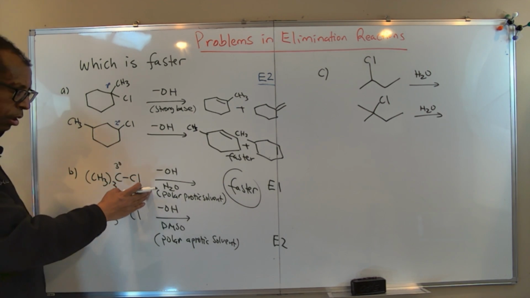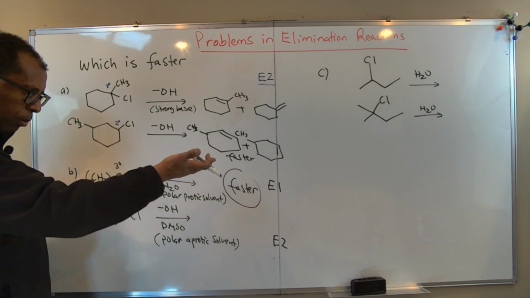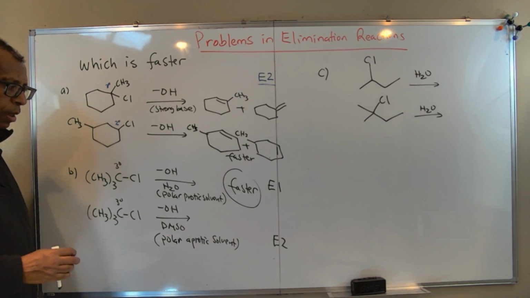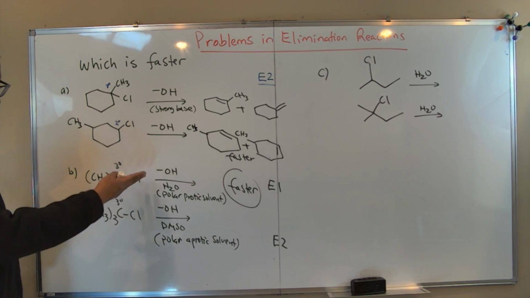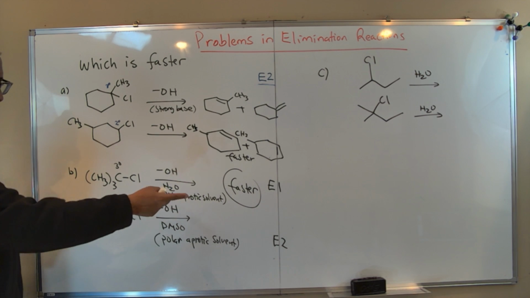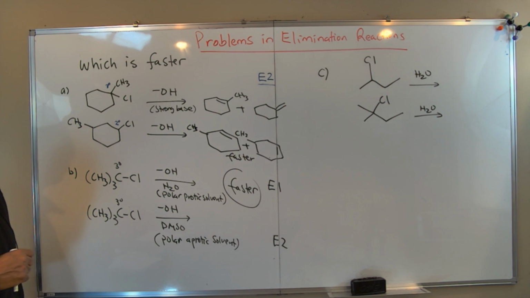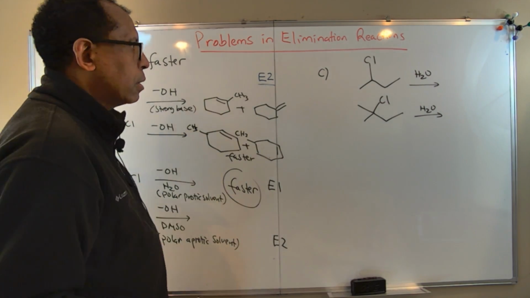The reaction condition is for E1. Tertiary always undergoes the E1 mechanism. Therefore, that would be faster. The rate would not be comparable for the other, which requires an E2 mechanism because it is a polar aprotic solvent. So the top one is faster. Here the lower one is faster.